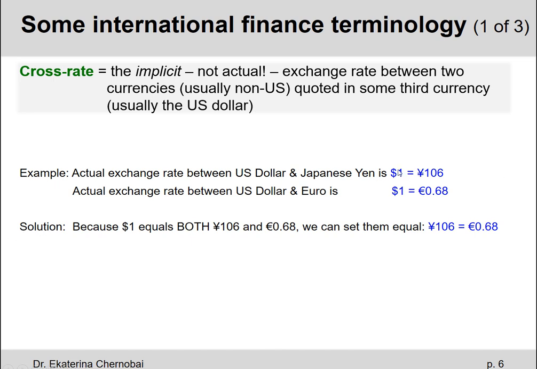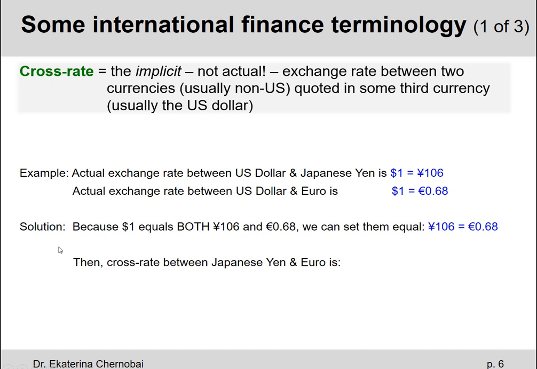First, because the way the two exchange rates are given, and because both amounts equal $1, we can set the euro amount and the yen amount equal to each other. So we write 106 Japanese yen equals 0.68 of a euro.